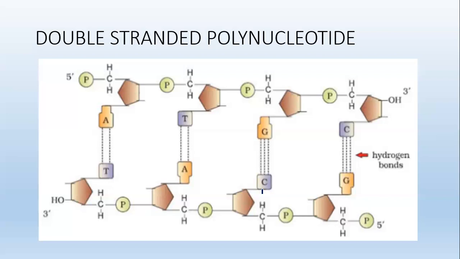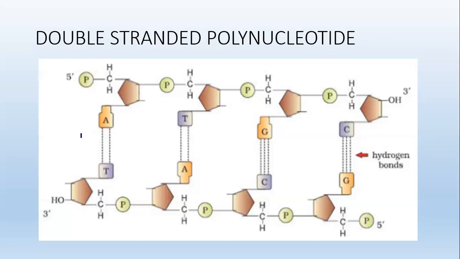Okay, so the same case is applicable here also. So in order to break the bond between G and C, it is quite difficult because there are three hydrogen bonds. But in order to break the bond between A and T, least amount of energy is needed, and we can easily break the bond. No doubt, energy is needed in both the cases, but here the energy needed is less. Here, in case of G and C, the energy needed will be more, as there are three hydrogen bonds.